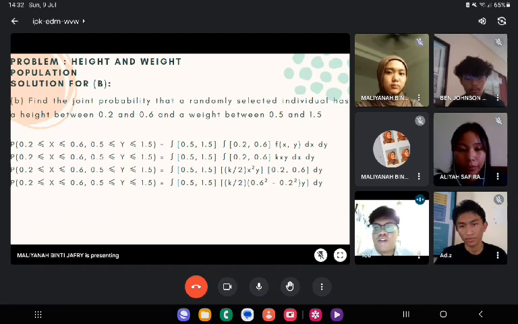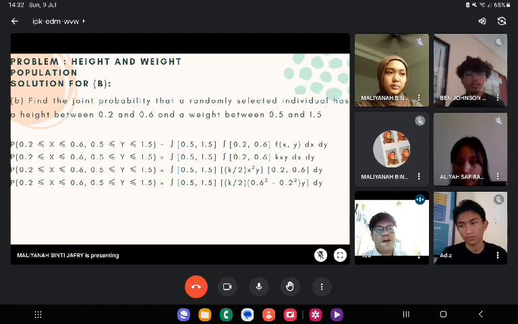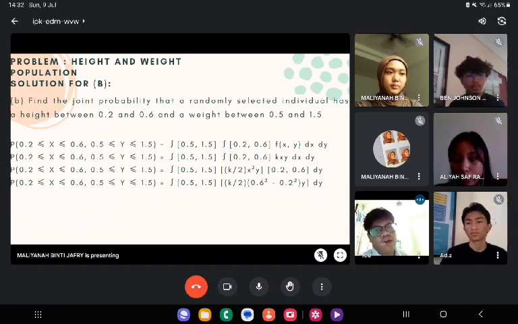All right, for the solution for B, we must find the joint probability that a randomly selected individual has a height between 0.2 and 0.6 and a weight between 0.5 and 1.5.